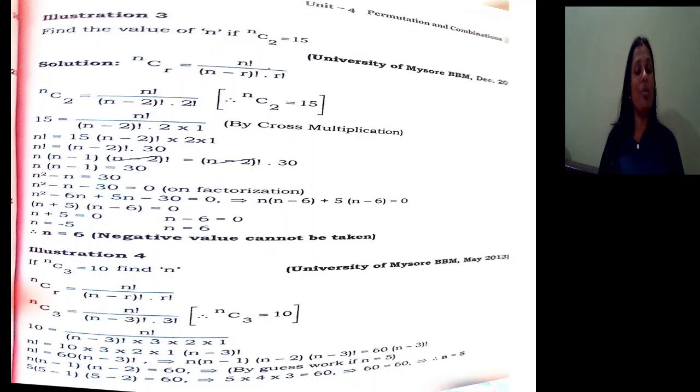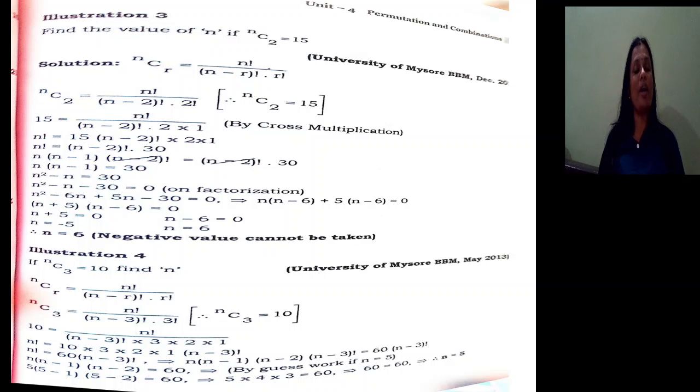So n factorial is equal to, when we cross multiply, 15 into (n minus 2) factorial into 2 into 1. n factorial is equal to (n minus 2) factorial into 30. So n factorial means n into (n minus 1) into (n minus 2) factorial is equal to (n minus 2) factorial into 30.